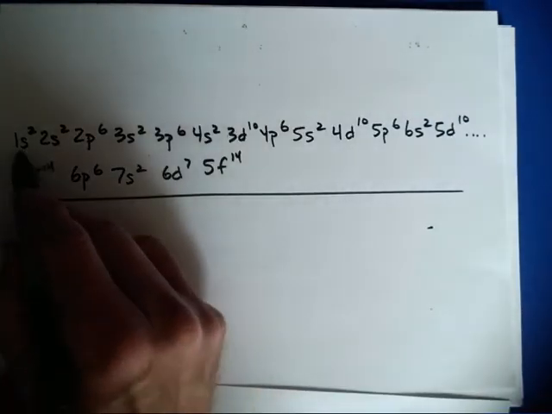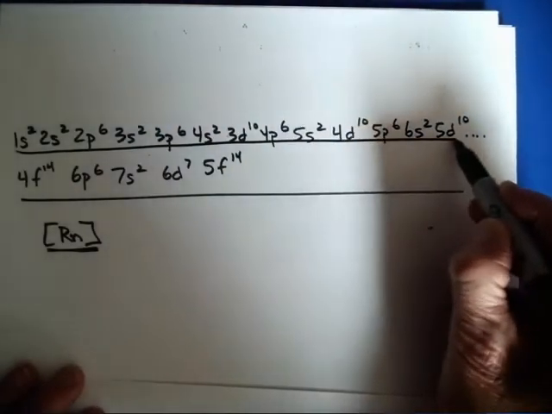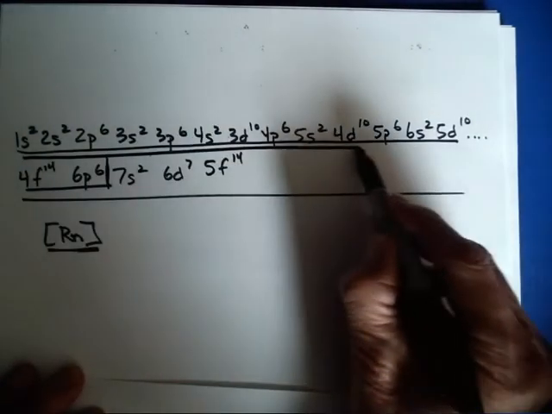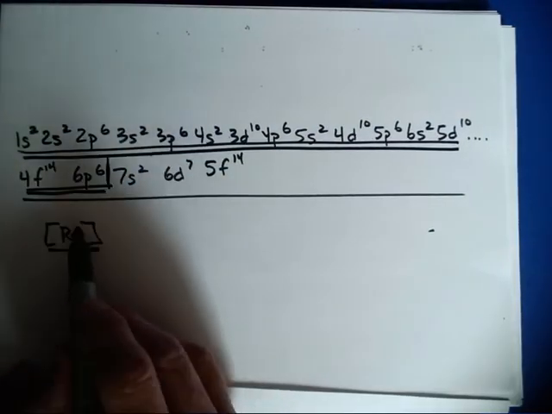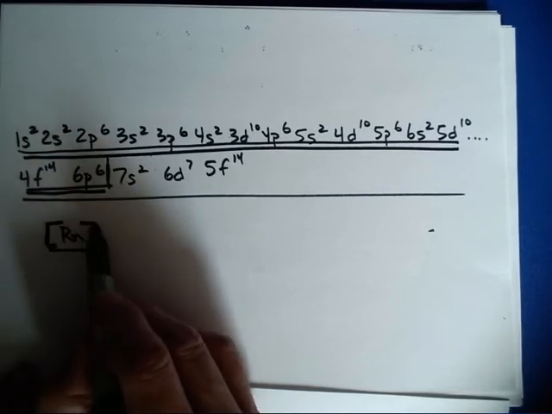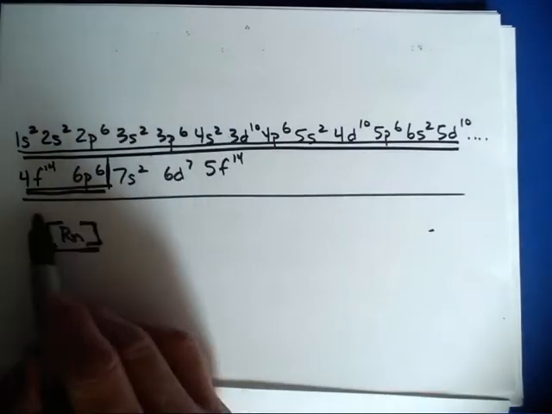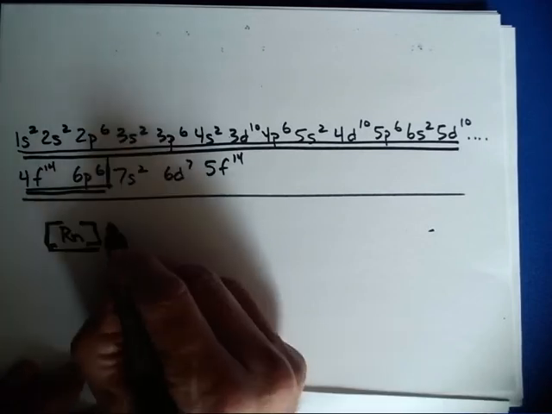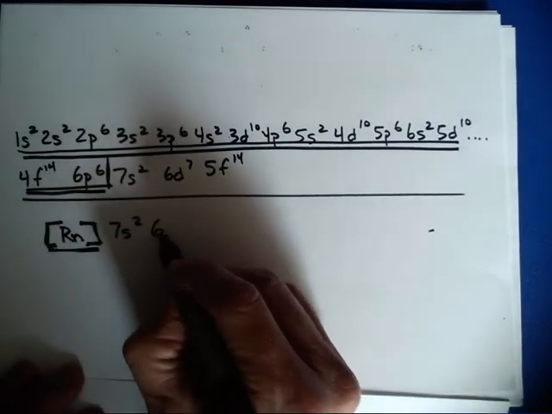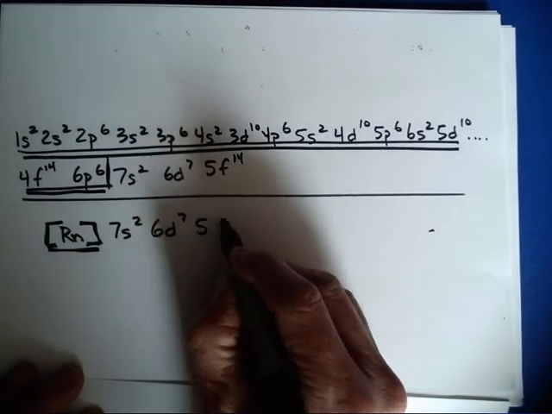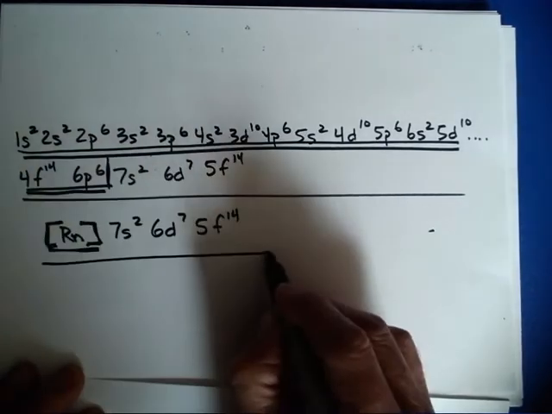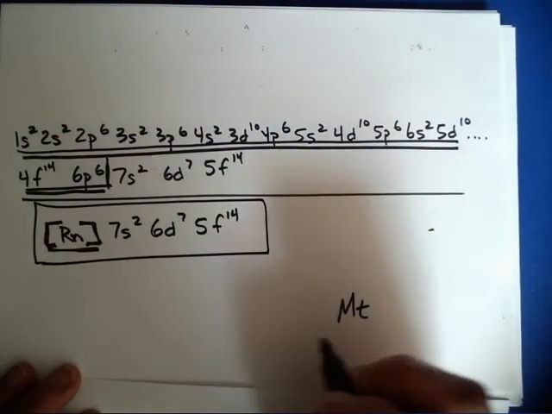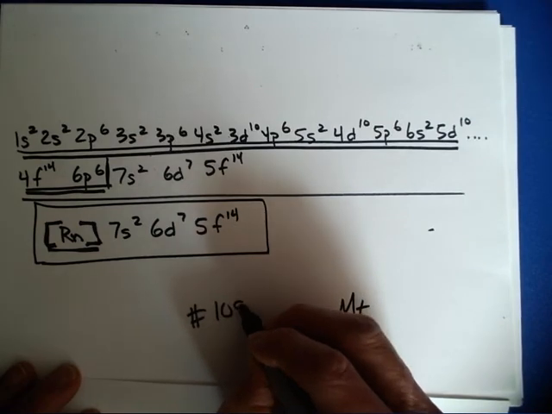So that's all the way through to here. So everything that's doubly underlined is represented in this radon in brackets, because what I've doubly underlined is the electronic configuration for radon. And then I just write 7s2, 6d7, 5f14. That's a lot easier to write. The noble gas shortcut for the element meitnerium, atomic number 109.